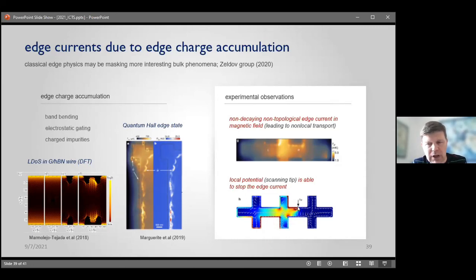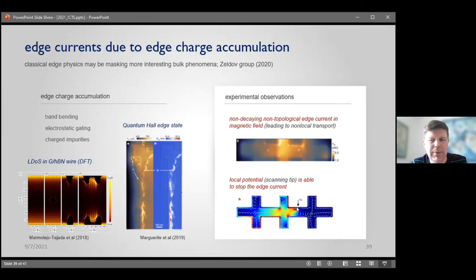if you put a tip from this scanning probe, right? If you put this tip at some point at the edge, as is done here in this picture, and apply extra potential so that you essentially block the electronic flow, the current is not going to behave hydrodynamically.